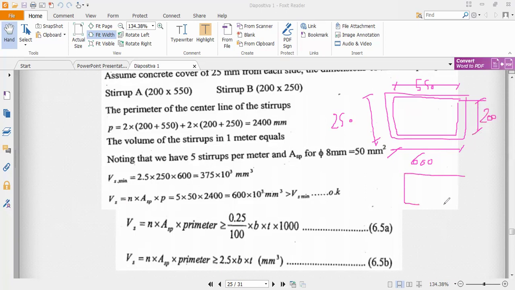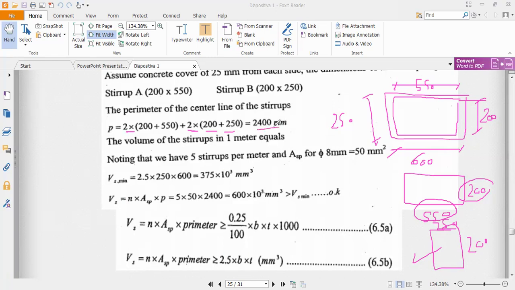The first strips are 550 and 200. The second strips are 250 and 250 and 200. The parameters here: 2 multiplied by the summation of 200 and 550, and 2 multiplied by 200 and 250.